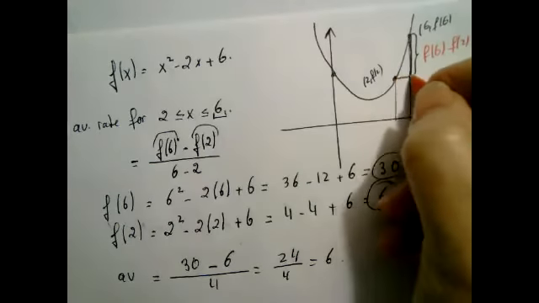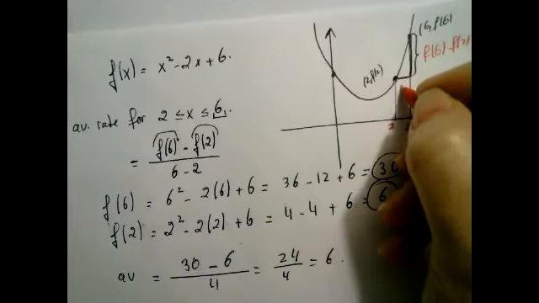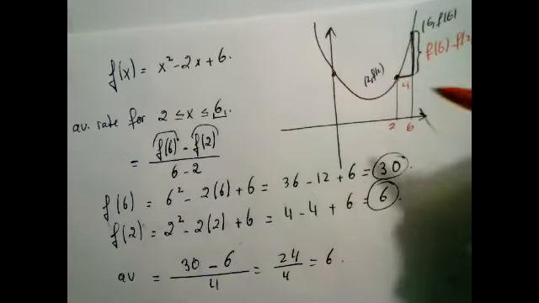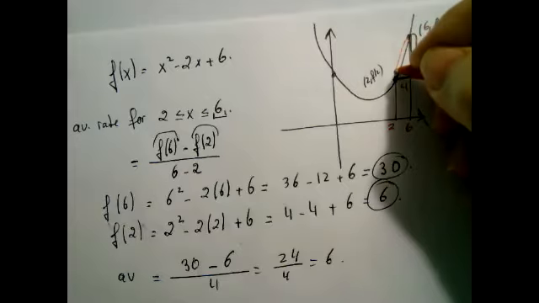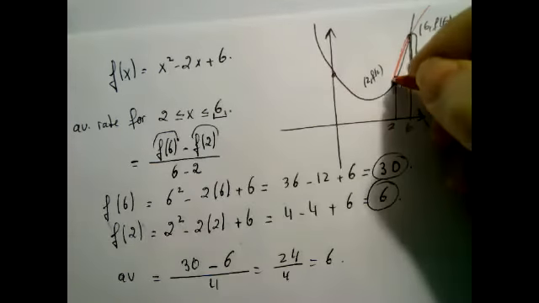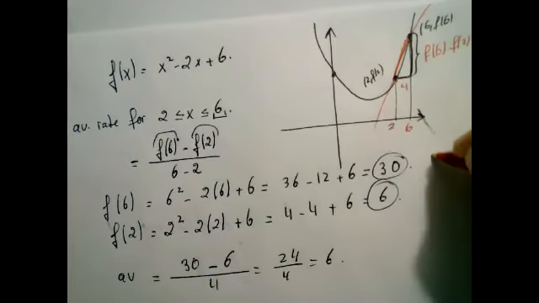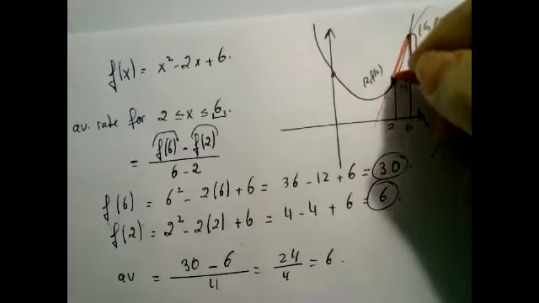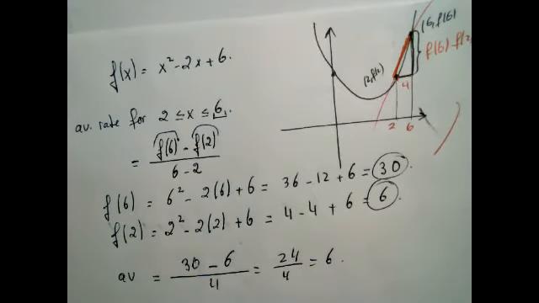And I divided by how much the x changed. So that's the 2 and that's the 6 and that's the 4 in your picture. And basically this is the slope of the line that joins those two. If I take a line joining those 2 points, it's the slope of this line. Not the curve, because the function is curving. It's the slope of the line joining those 2 points. That's really what it is.